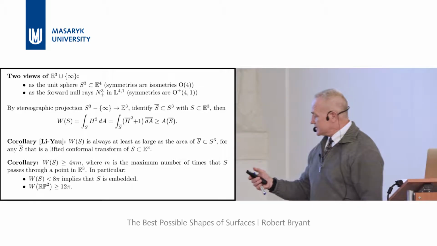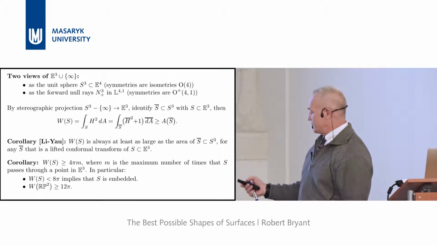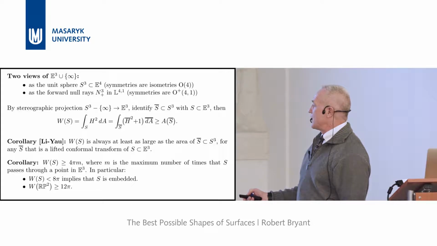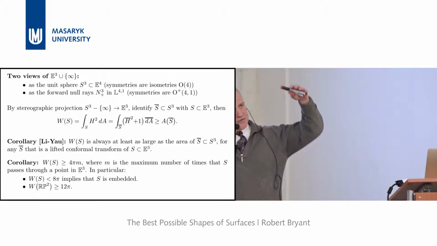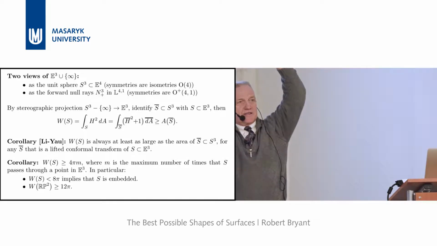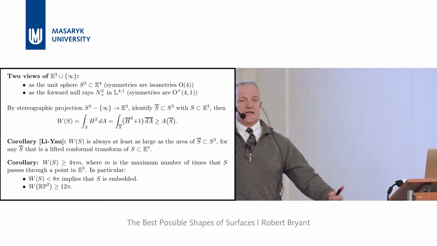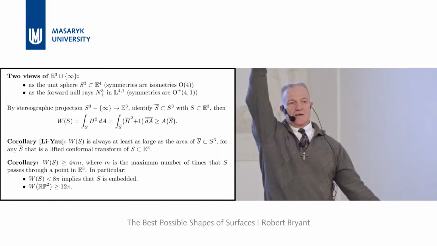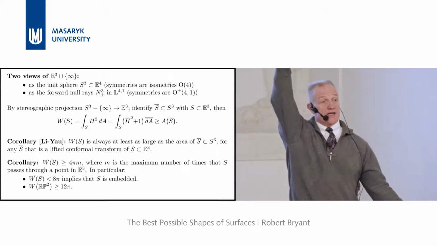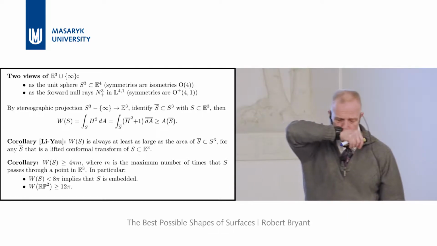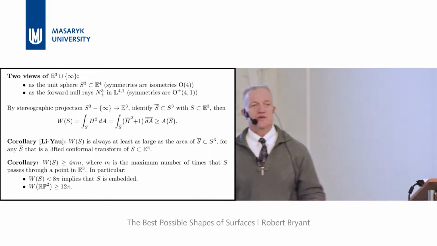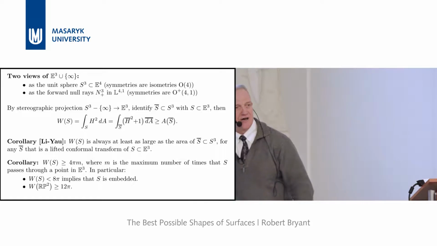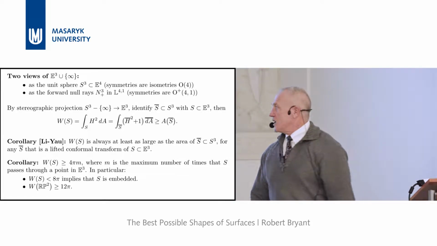And the other thing is that it gives us our first estimate for the Willmore functional of RP2. I don't know how many of you know what RP2 is, but if you take the 2-sphere and identify opposite points, then you get something called real projective space, or the real projective plane. It's a surface, one of these non-orientable surfaces that I didn't draw the picture of. We'll see it again.